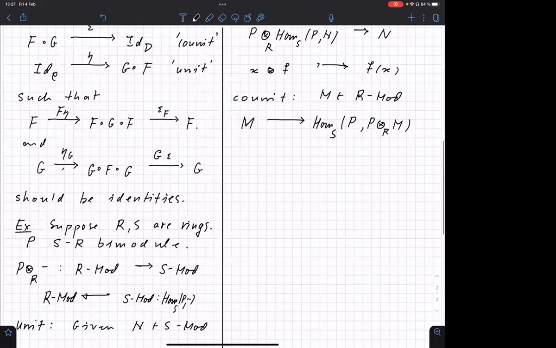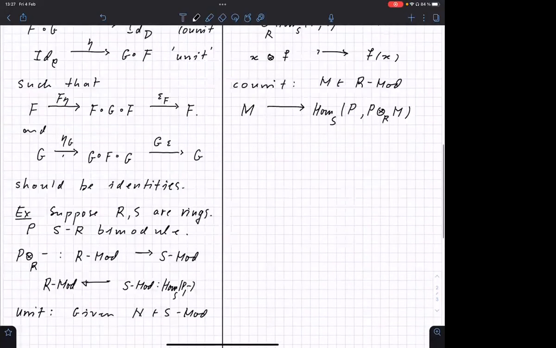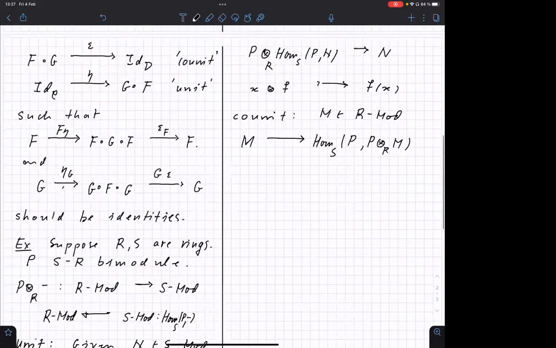Sorry, I'm always confusing unit and co-unit. My apologies, just a sec. So what is this? This is co-unit, and this is unit.